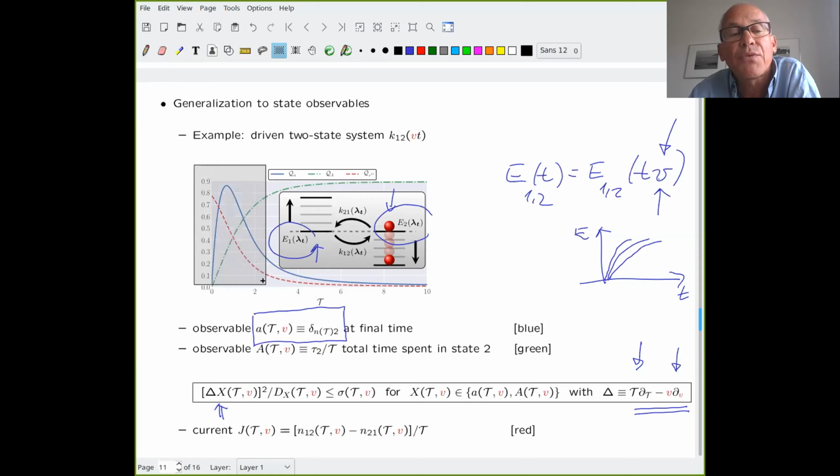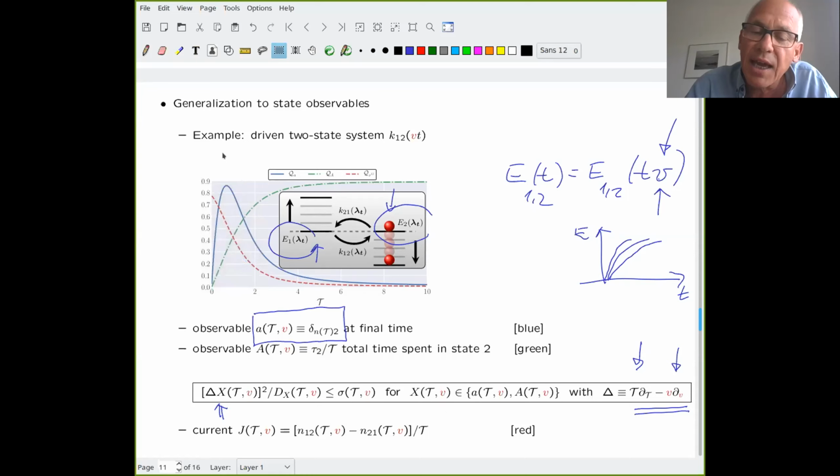But again, you see, for instance, taking this observable at the final time, this is the blue curve, we can get here 85% of the total entropy production just by looking at whether or not the system is at the end in state 2. I mean, these are very simple experiments. They should be operationally easily accessible, and we get these kind of nice relations as a generalization of the original TUR, which applied only to non-equilibrium steady states.